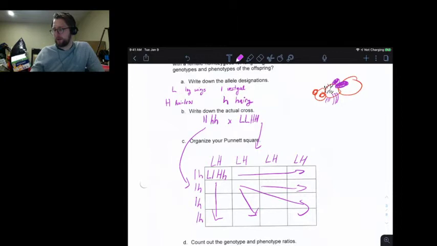So in this case, let's look at this first parent. Right here, 100% are capital L, so we can think of this as 100% times L, and 0 times little l.